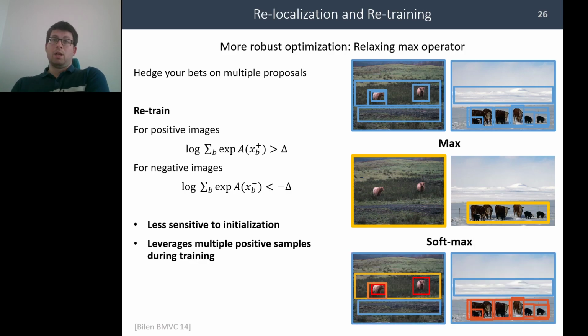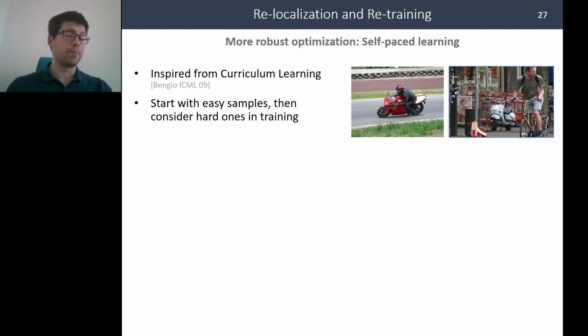If you use this relaxed version, the red color shows the more confident detections and blue the less confident ones. You can see that object instances are detected more successfully with the relaxed version.